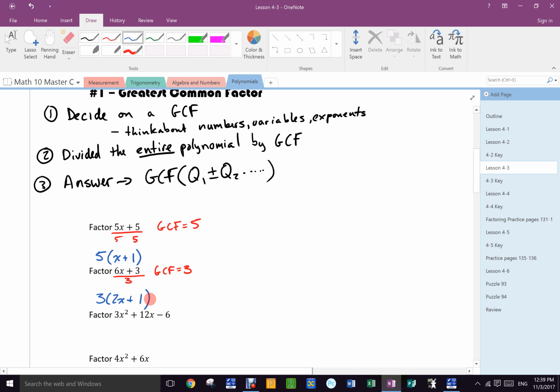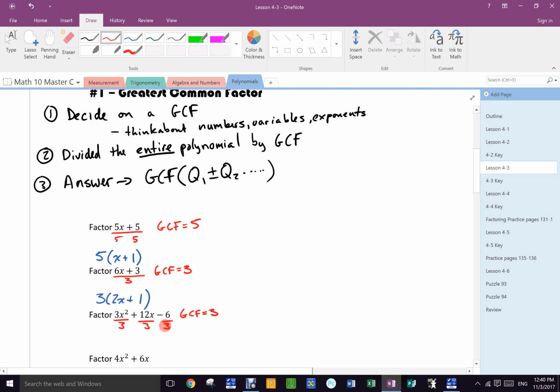Now, what has happened in the third one? I got 3 terms now, yes? So I got to think of 3 that have a common factor. Our GCF is 3 again. But I've got some letters. There's an X, there's an X. Why do I have no letter in my GCF? Because 6 doesn't have an X. So I divide everything by 3.